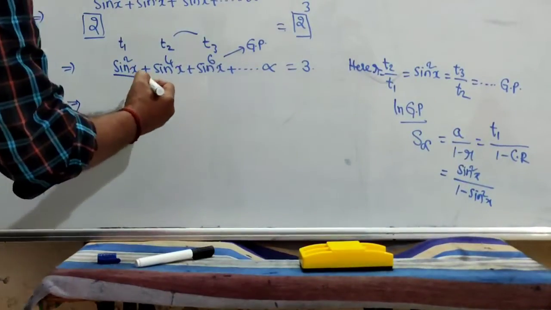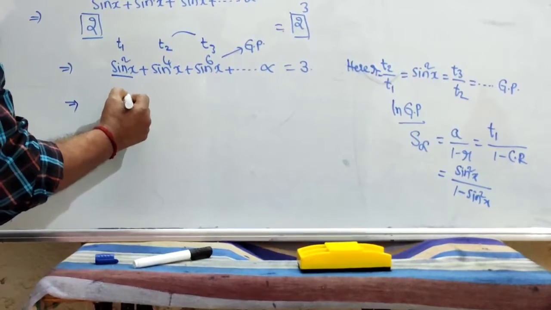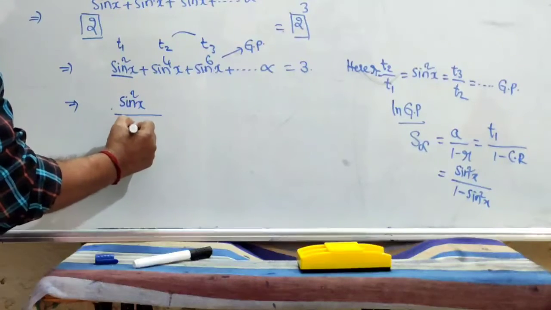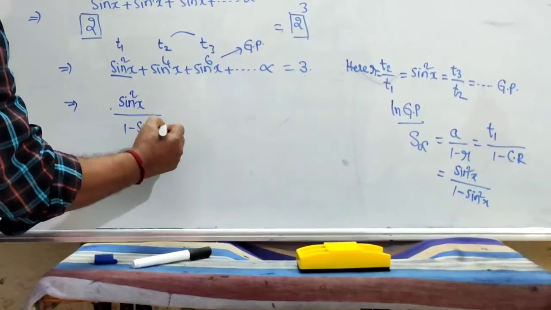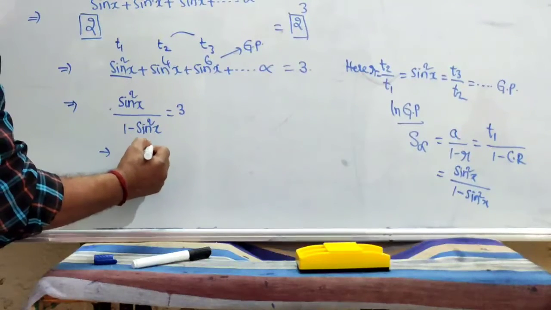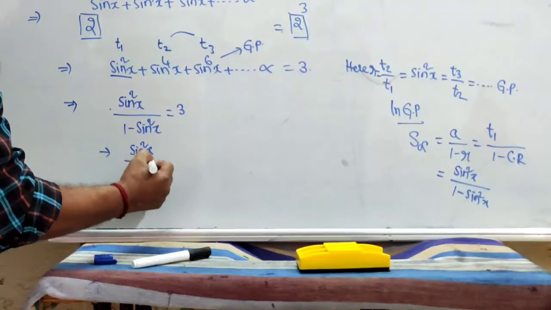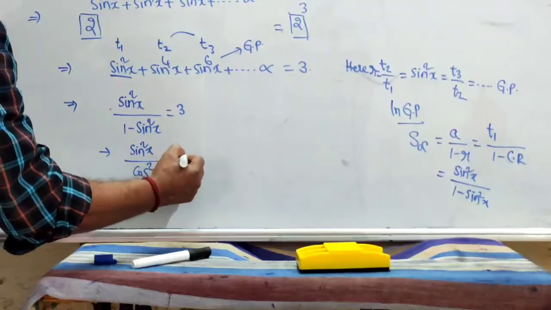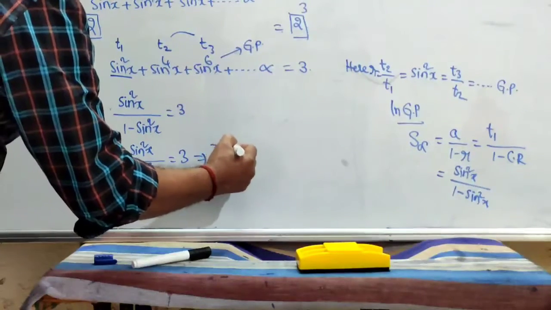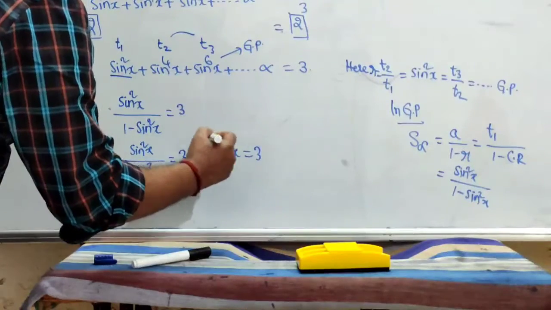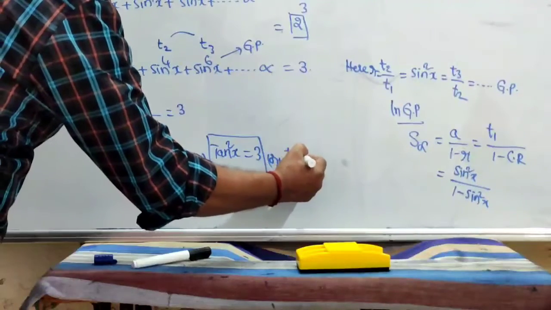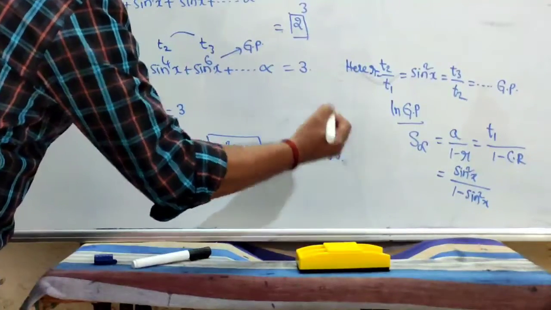So therefore, this is equal to sin square x in the numerator, divided by 1 minus sin square x, that is equal to 3. 1 minus sin square x is cos square x. So sin square x by cos square x is tan square x. So tan square x is equal to 3, or tan x equal to root 3.